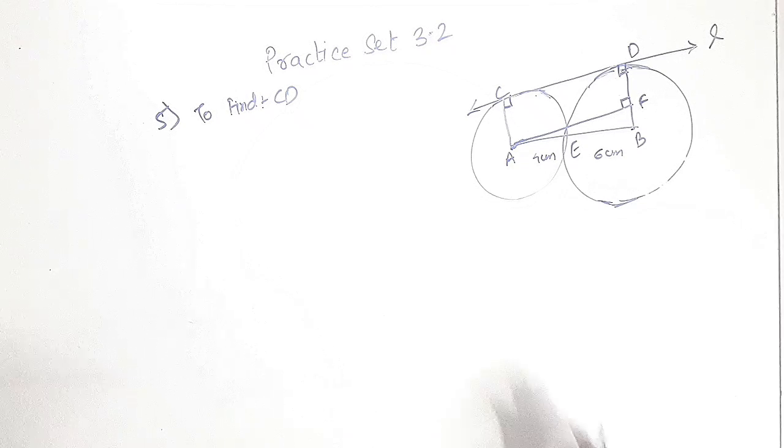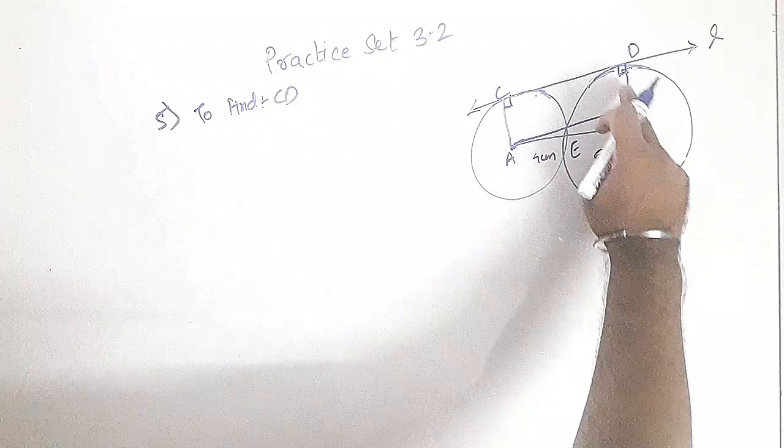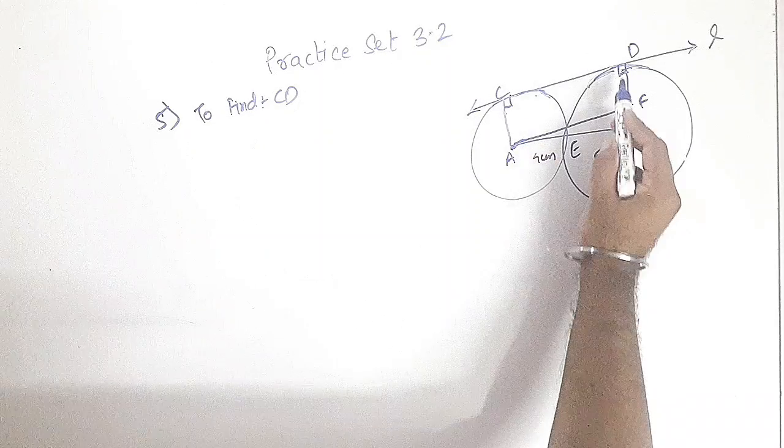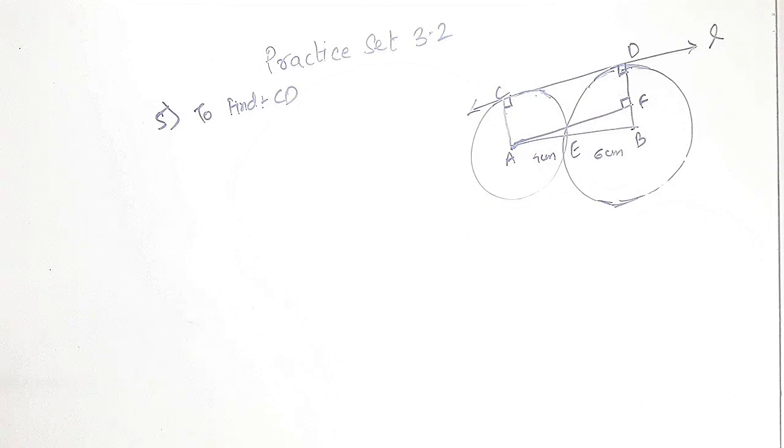In that quadrilateral, 3 angles are 90 degree, 1, 2 and 3. Very simple. If 3 angles are 90 degrees, then the 4th angle will also become 90 degrees. Correct? And because the 4th angle becomes 90 degree, the quadrilateral will be a rectangle.